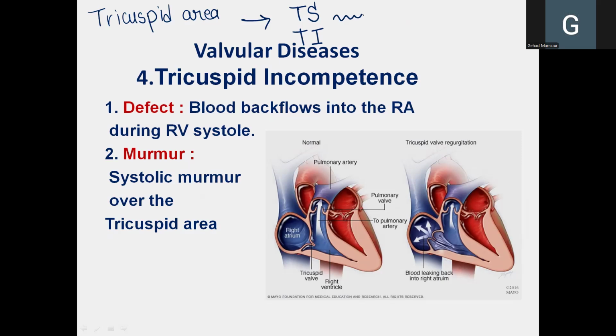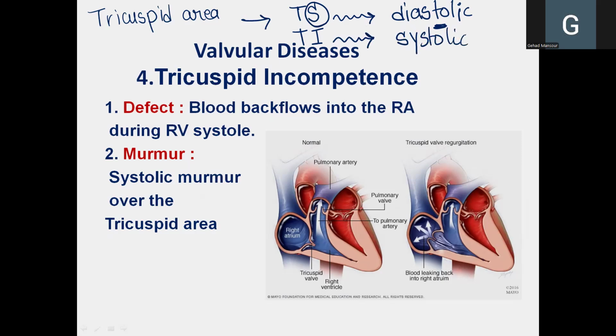If it occurs because of tricuspid stenosis, then it will be a diastolic murmur. Notice that the semilunar valves and the atrioventricular valves are opposite to each other here, because the diastolic murmur for the aorta was during incompetence and not during stenosis. If it is tricuspid incompetence, then it will be a systolic murmur.